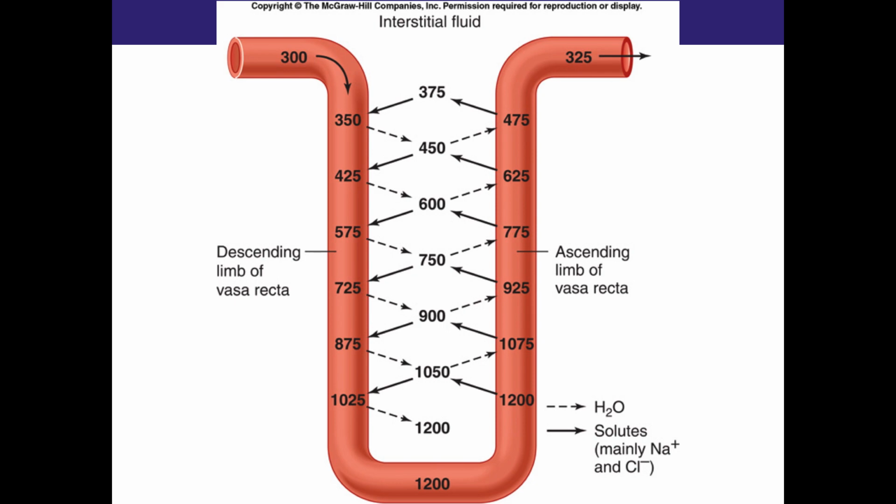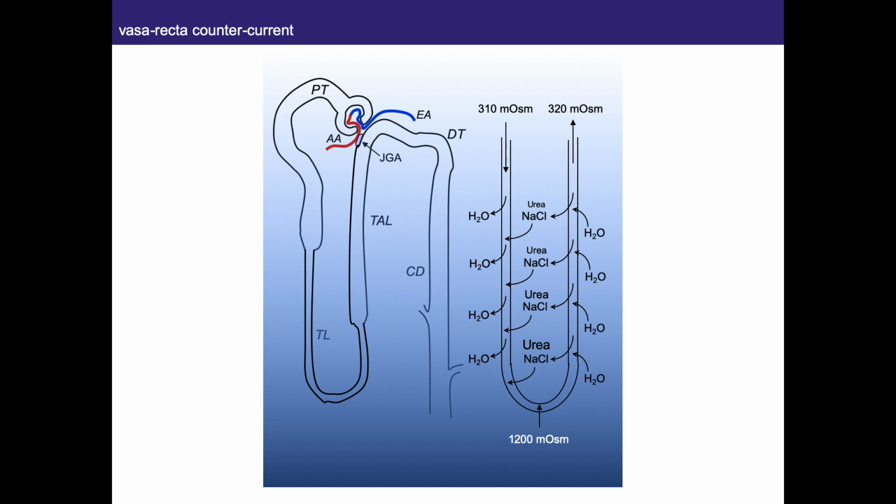Countercurrent exchanger. All right, so the take-home message, let me just sum it up again. These are not easy concepts. The loop of Henle is called a countercurrent multiplier because of those active transport properties that are establishing the osmotic gradient.